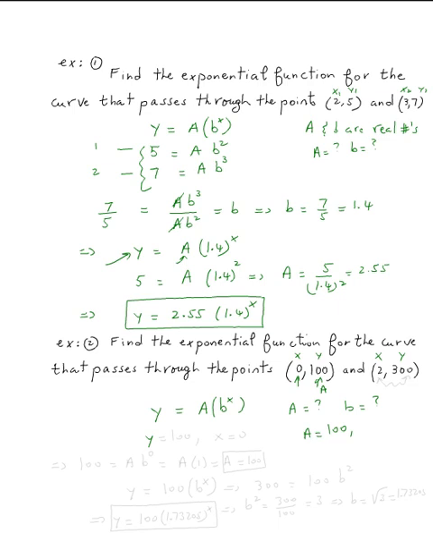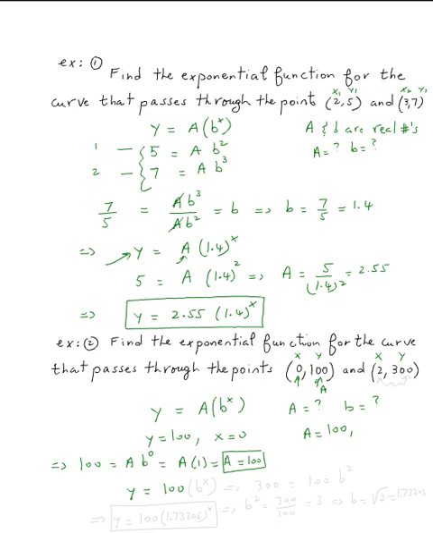Y is equal to 100 when x is equal to 0. This means that 100 is equal to a b to the 0. But b to the 0 is just 1. So this is a times 1, and a times 1 is just a. So a is equal to 100. Pretty easy.